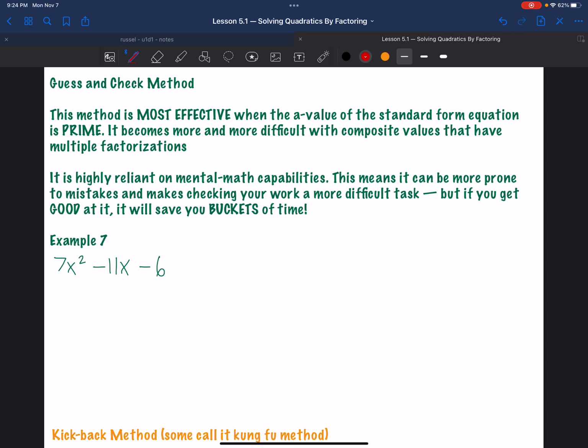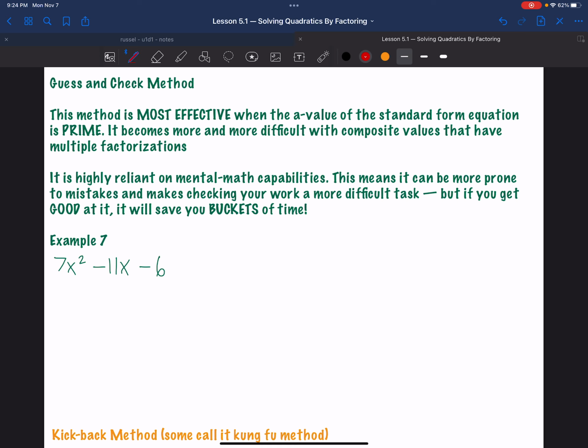Okay. Heavily reliant on mental math capabilities. This means it can be more prone to mistakes and makes checking your work a more difficult task. It's mostly mental mistakes because of positives and negatives. You've got to be really careful with your positives and negatives when working with the guess and check method. But if you can get good at it, it's going to save you a lot of time.